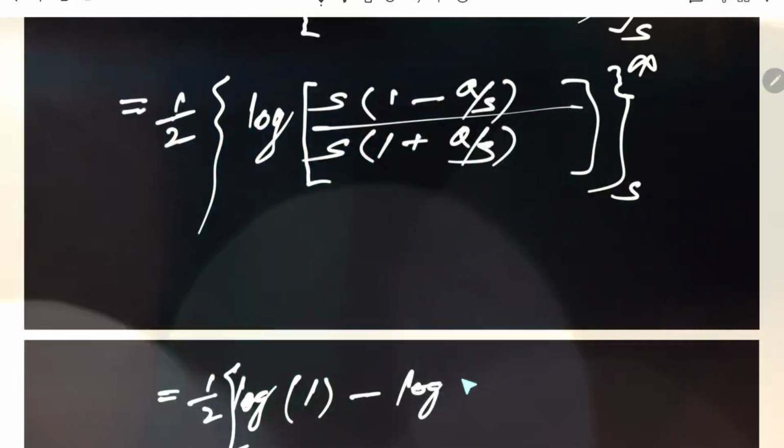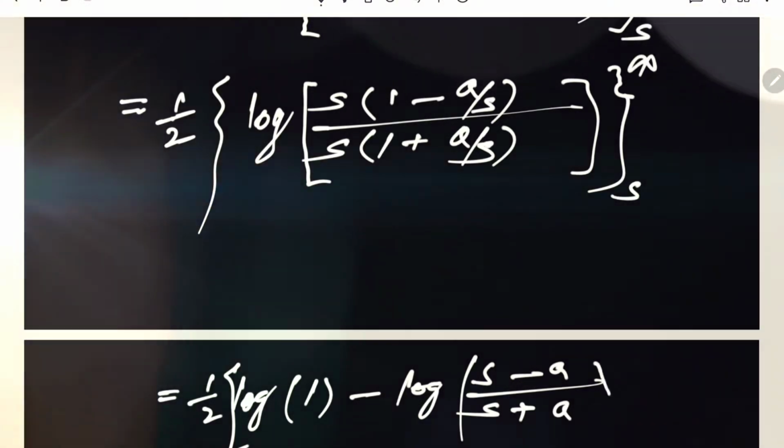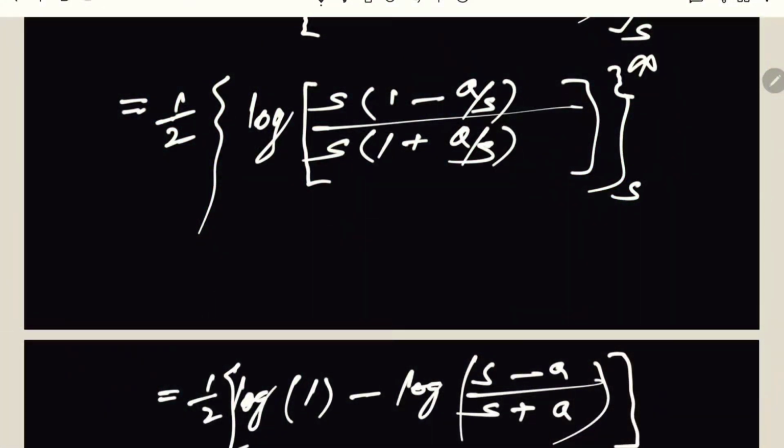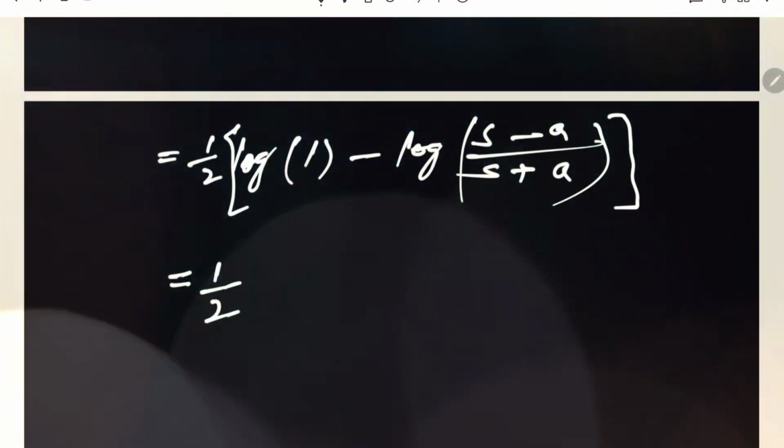Therefore, for the upper limit we get log 1 minus log of, for the lower limit, s minus a upon s divided by s plus a upon s. s gets cancelled and therefore we get log s minus a upon s plus a. It is in the form of log a minus log b, nothing but log a by b.